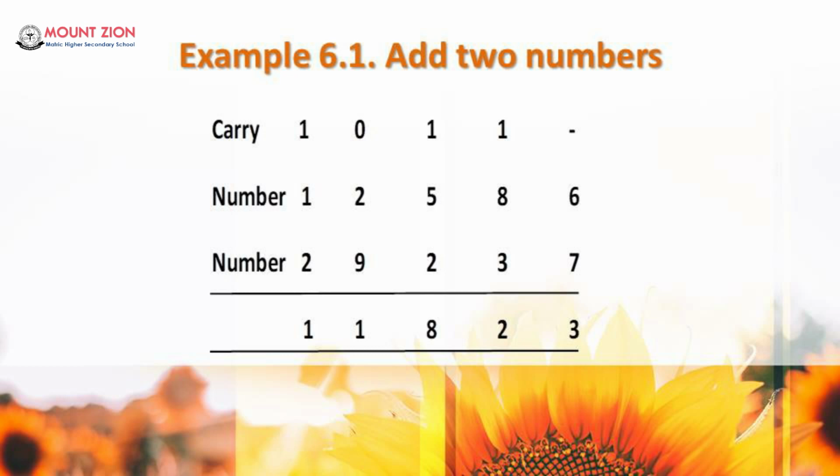Here we have to add 6 and 7, we get 13. So we write 3 here, and 1 will be a carry. Then again we have to add 1, 8 and 3, and so on. So this is the step-by-step process that we have to follow in order to add two numbers.